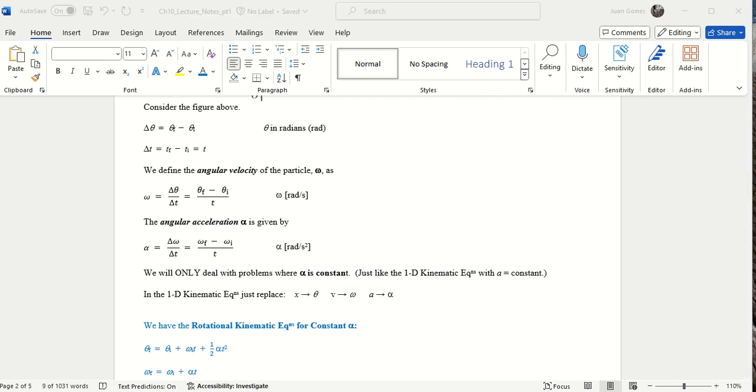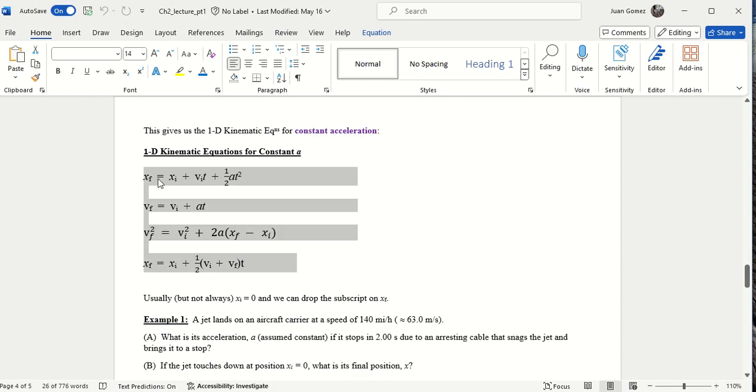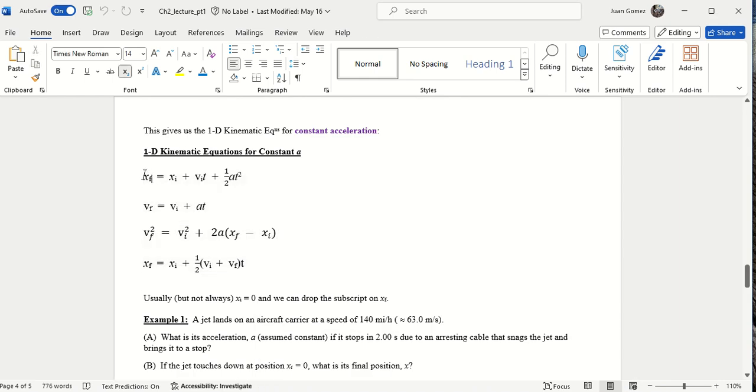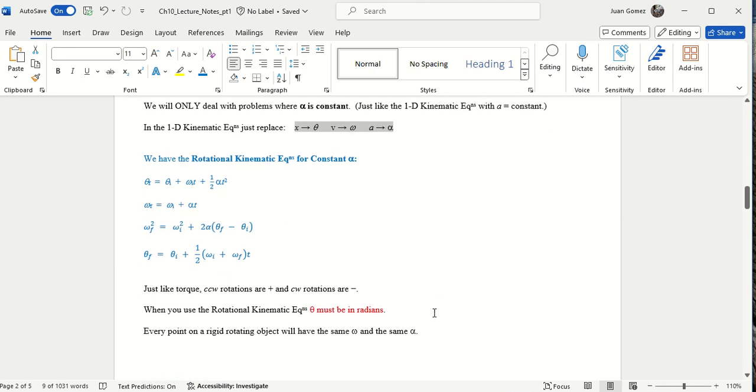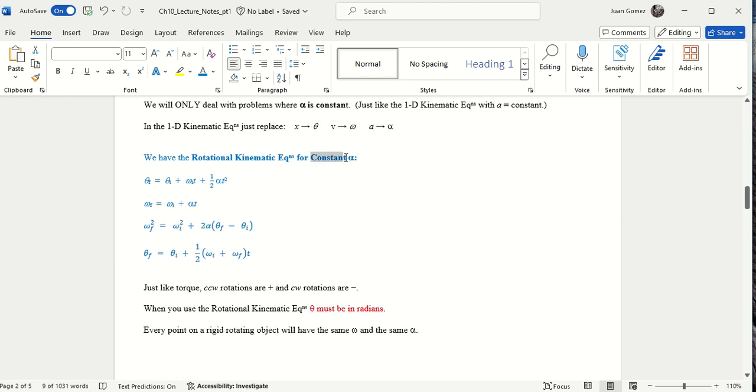So just take these four equations, and wherever you see an x, replace it with theta. Wherever you see a v, replace it with omega. Wherever you see an a, replace it with alpha. And you get what are called the rotational kinematic equations. And remember, it's for constant alpha. And here they are in the blue.